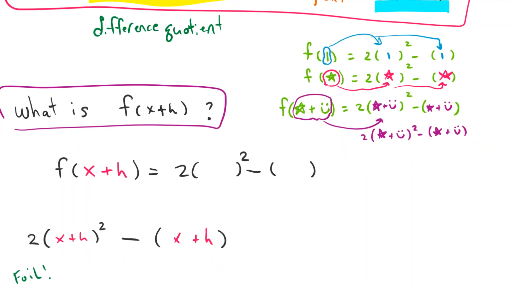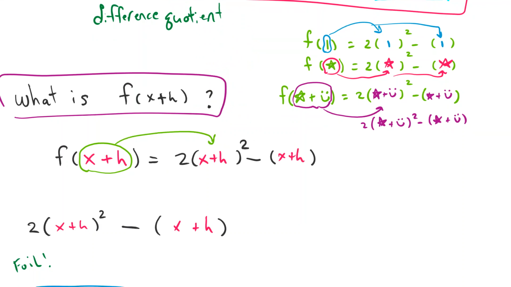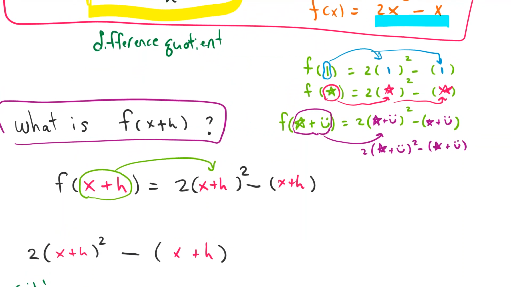So returning back here to the left, what if we wanted to then find f of x plus h? Well, we just plug in x plus h everywhere there was a variable, just like we did star plus smiley face. So we have now this: 2 times the quantity x plus h squared minus the quantity x plus h.